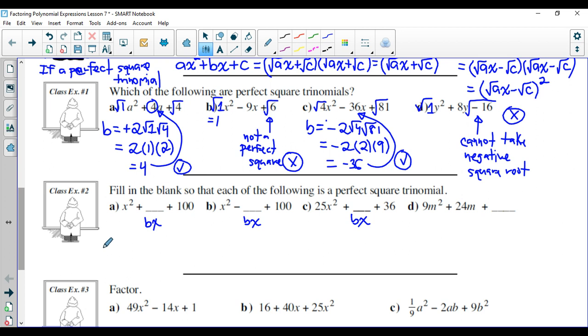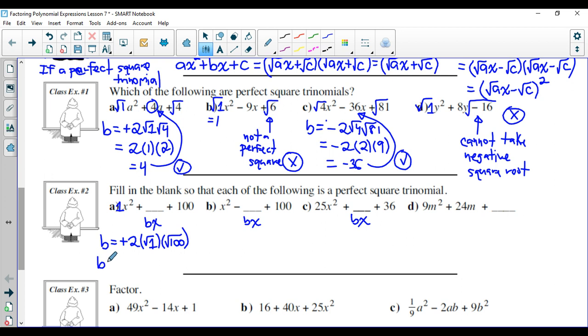Okay, so b would be equal to, okay, so the value of a would be 1, and the value of c is 100. So first of all, whether it's plus or minus, well, there's a plus sign in front of b here, so we'll put down plus first. And then 2, multiplied by the square root of a, which is the square root of 1, multiplied by the square root of the last term, which is 100.